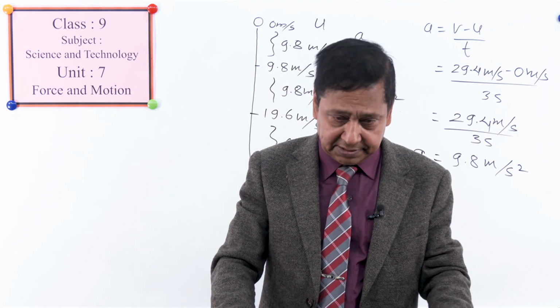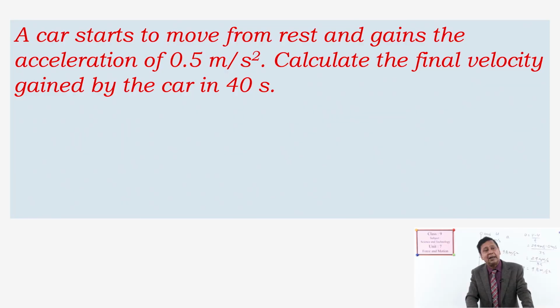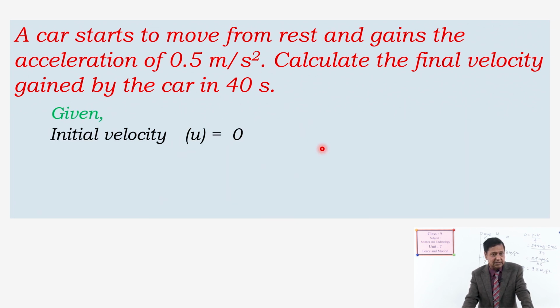Okay, let's start. A car starts to move from rest and gains the acceleration of 0.5 meter per second square. Calculate the final velocity gained by the car in 40 seconds. Looking at this information, a car starts to move from rest is told. It means initial velocity is what? U is 0.